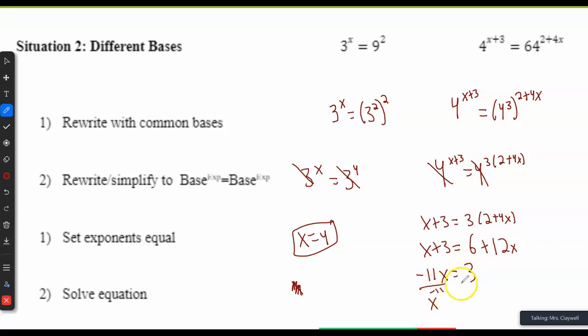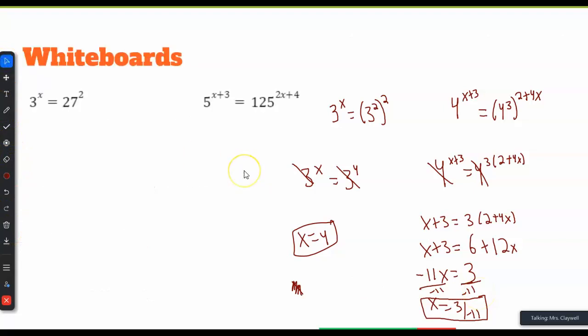Divide both sides by negative 11. So x equals 3 over negative 11. So go ahead and flip to the back page. We're going to do some more with different bases that we have to make the same base.